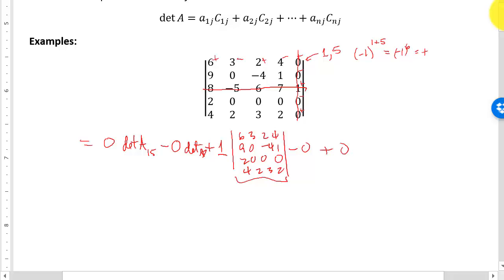Now I want to take a look at this and expand because I want the determinant of this matrix. And I want to think about expanding on the third row. So let's expand on the third row.